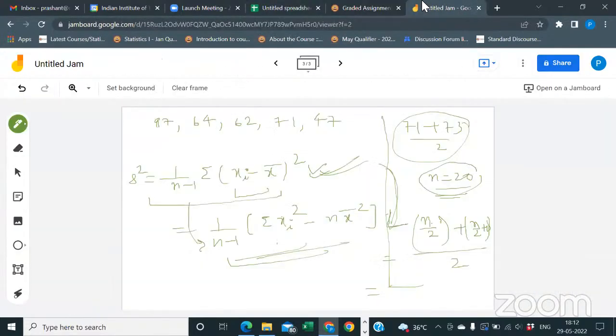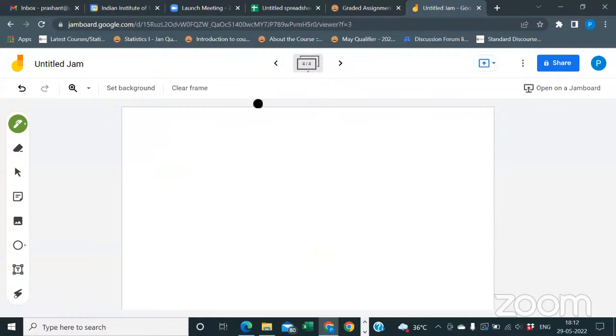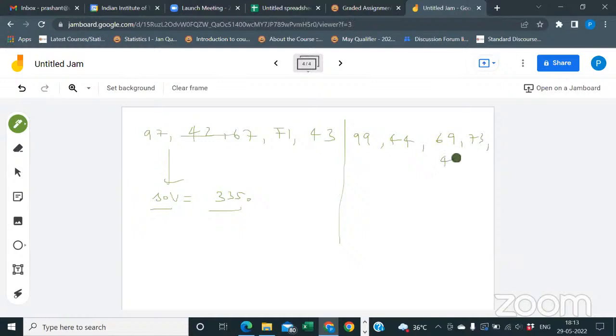Okay, see, suppose these are your observations, for example. You calculate the sample variance for the data. It comes out to be, suppose, 335, for example. And in the question, suppose it has asked you to add two to each observation. If you add two to each observation, it will be 44, 69, 73, and 45, right?